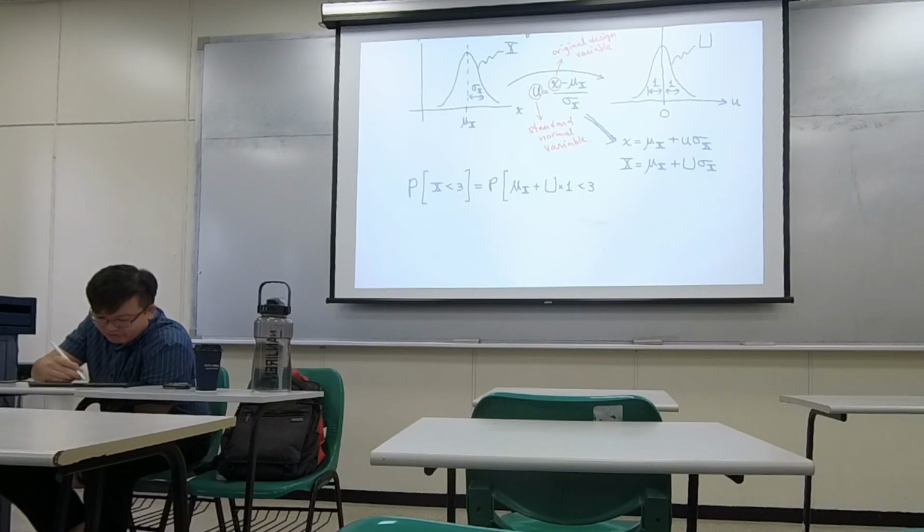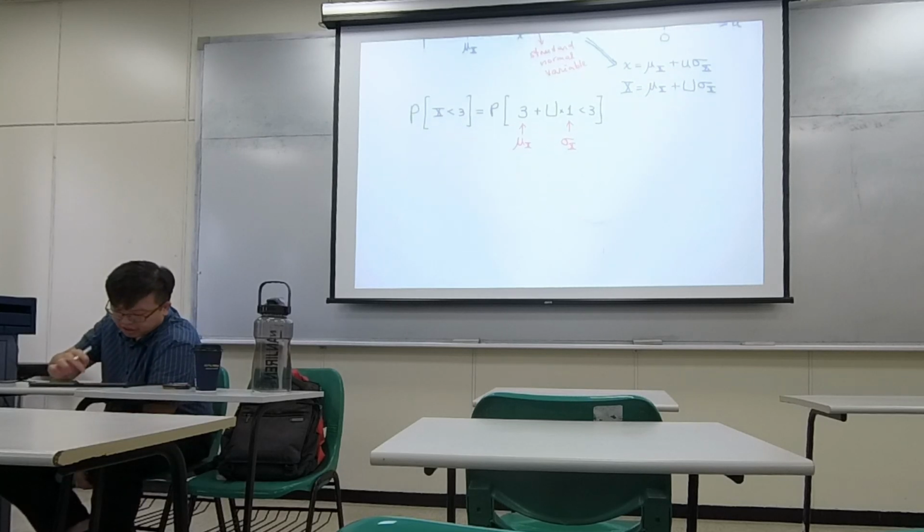My mean value right now is 3. So this is my mu, this is my sigma x. Okay?